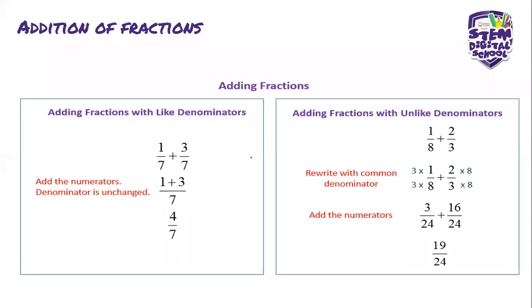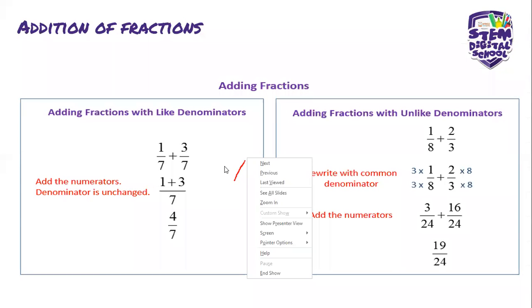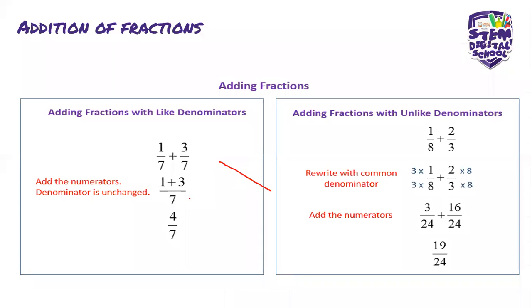So please write this down, guys, as quickly as possible. I'll give you 30 seconds just to write down this example. We're going to do this from tomorrow, but write down this example. When you're adding and subtracting fractions with the same denominator, nothing really changes.